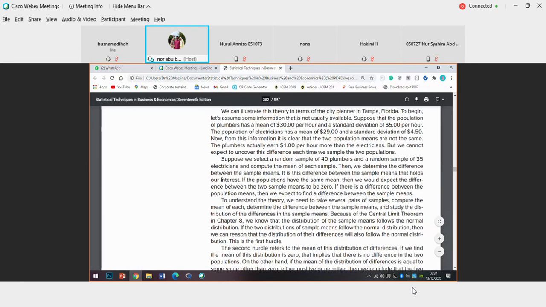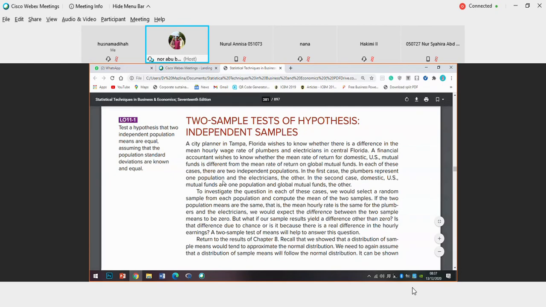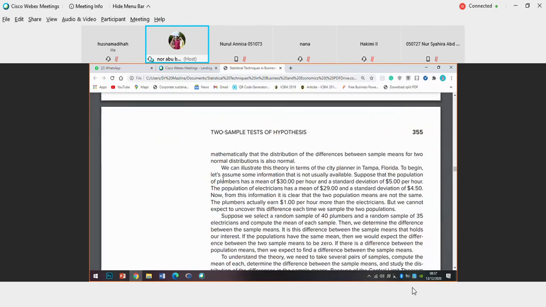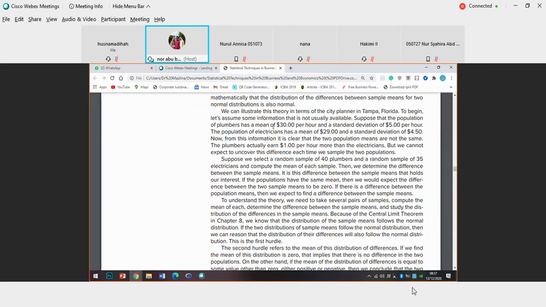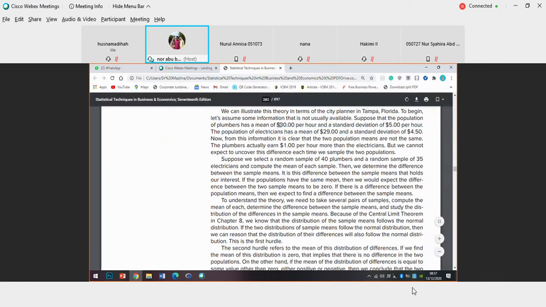Okay, itulah tak baca soalan dulu kan. Sedap-sedap je. Okay, jadi hopefully this is per hour. Suppose the population of plumbers have mean $30 per hour, standard deviation $5 per hour, and population of electricians with mean $29 per hour, standard deviation $4.50.